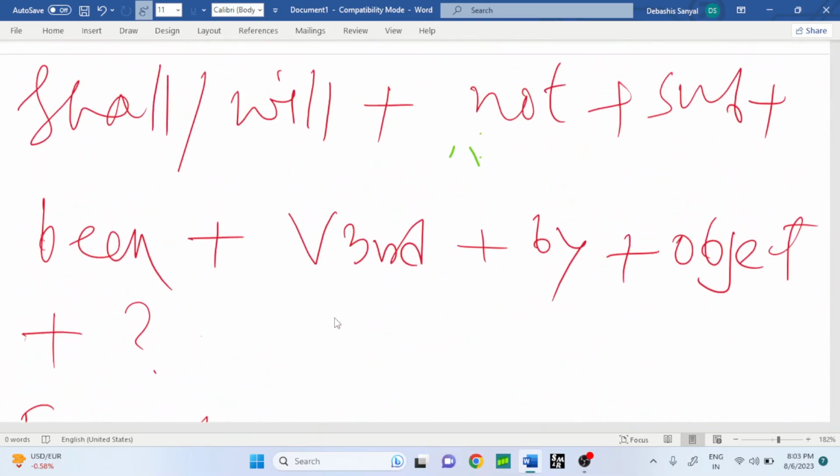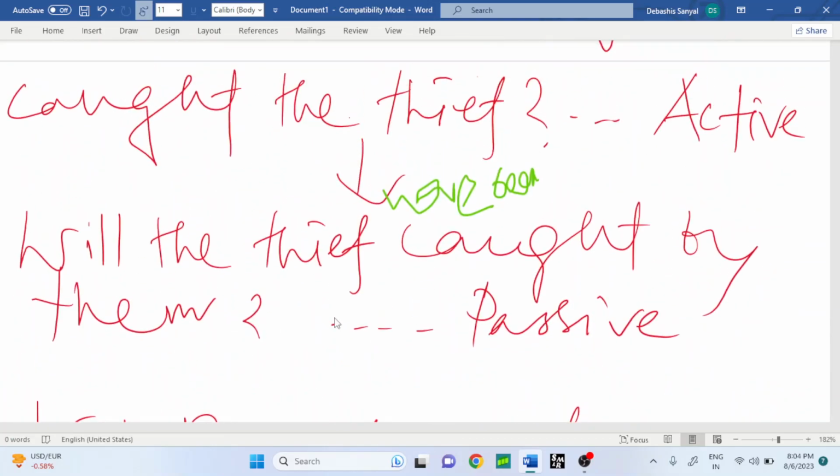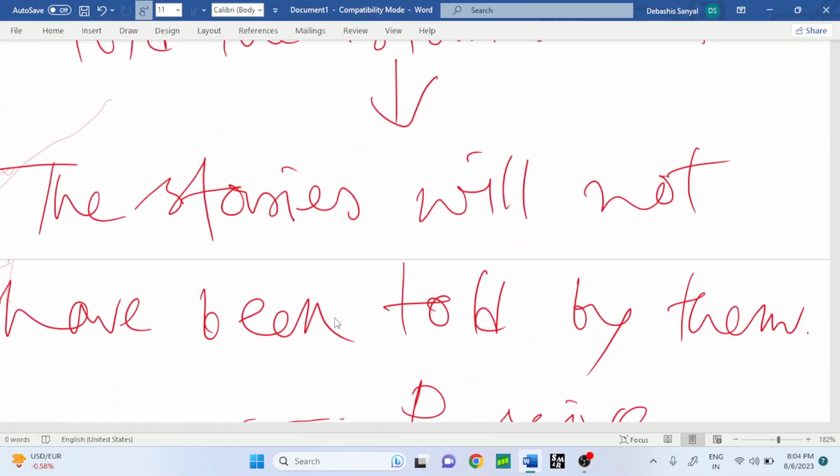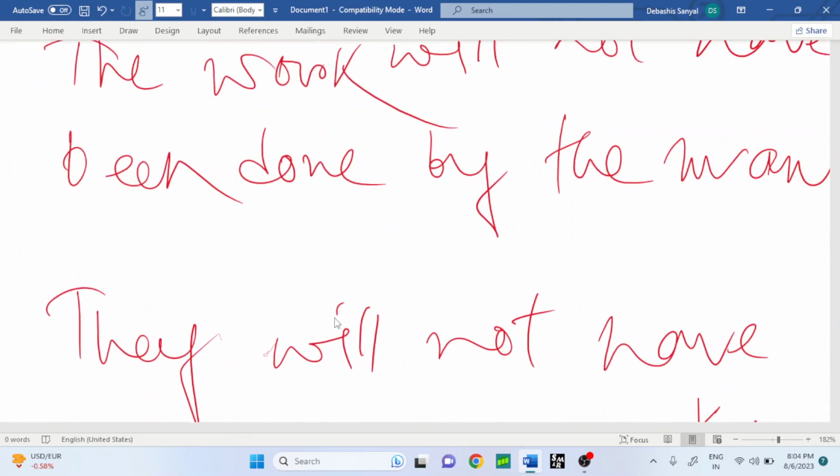And it's all about the structure of future perfect tense regarding voice. And remember, there are 12 sections of tense. Altogether there are 4 parts of each tense, and when we add them, it gives us a total of 12.